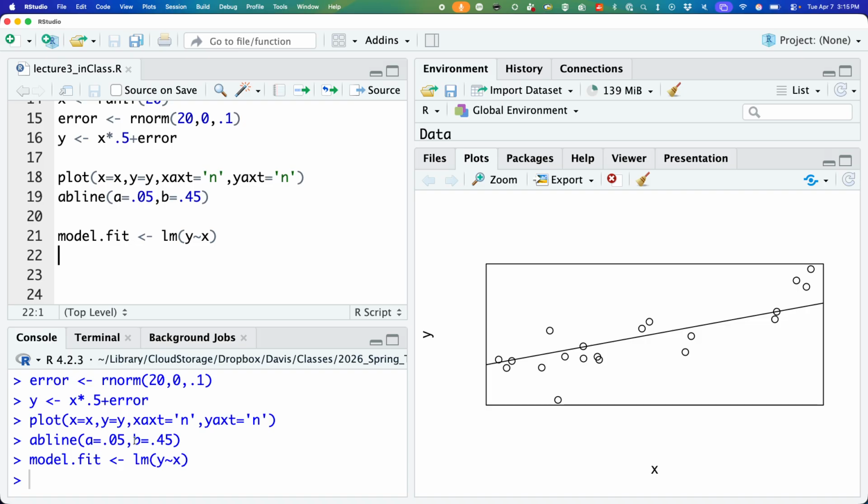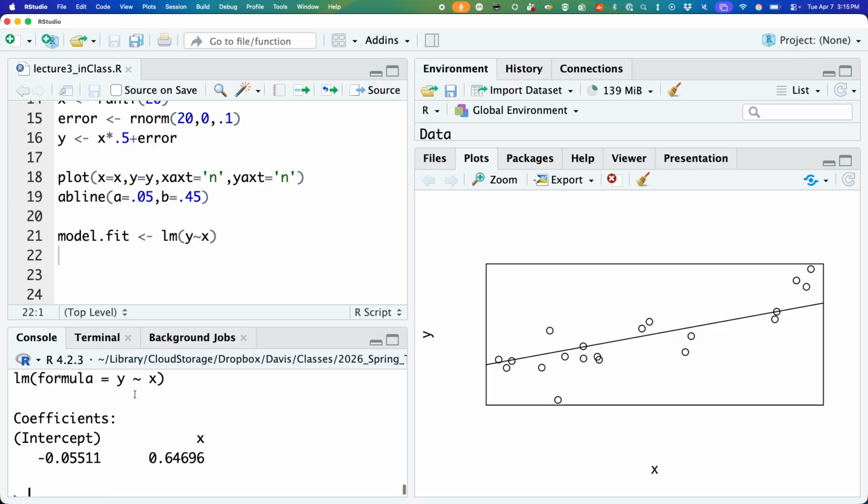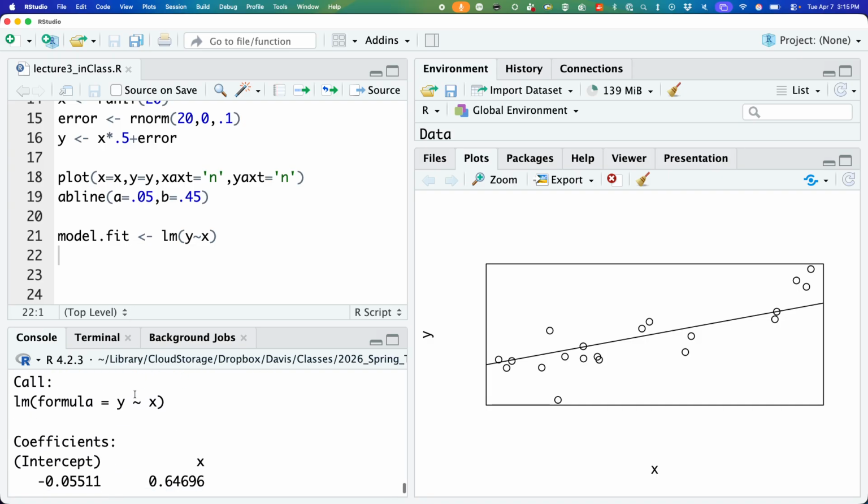If I run this and type in model fit, I can see what object came out of running that regression, and it will return this information. It will tell me the call, which is essentially specifying the formula that I made, and then it will give its estimate based on the data of what it thinks the intercept is and what it thinks the slope value is.